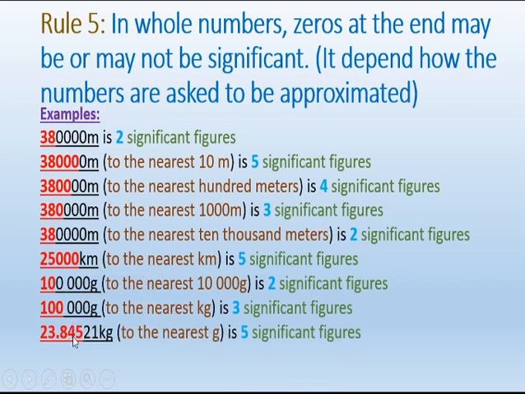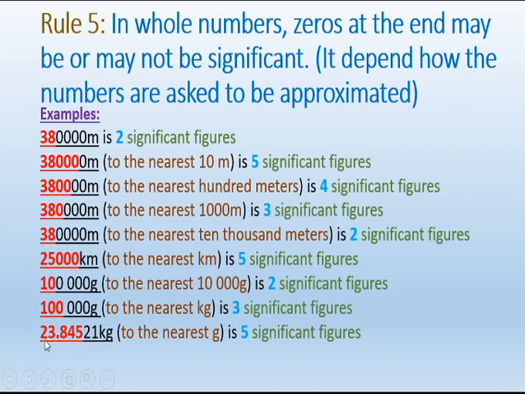Now the next example: here the unit is kilogram, but we are converting it to the nearest gram. Gram means we will be considering the last 3 digits, because we know that there are 1000 gram in 1 kilogram. So whenever we are converting kilogram into gram, we consider the first 3 numbers, then the next 3 decimal place numbers as the gram number.